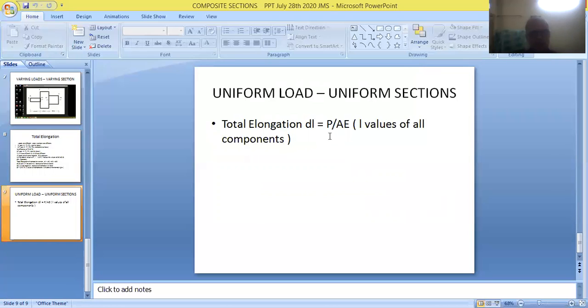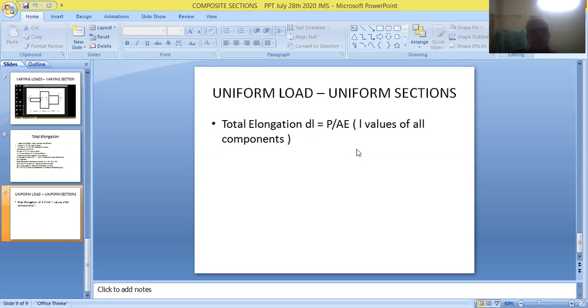Loads are uniform, so P is coming out of the bracket. Areas of all the components are uniform, so capital A is also coming out of the bracket. All the items are generally made of the same material, so capital E is also coming out of the bracket, and we are left with only L values.